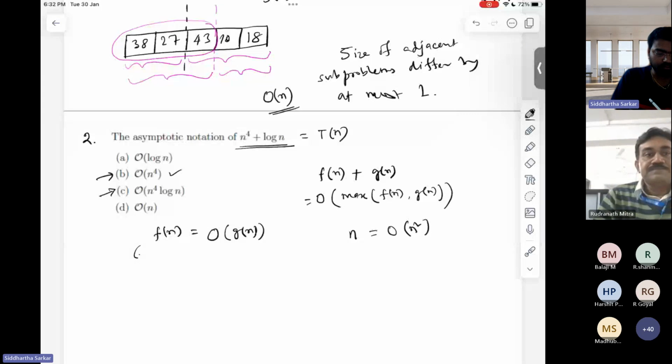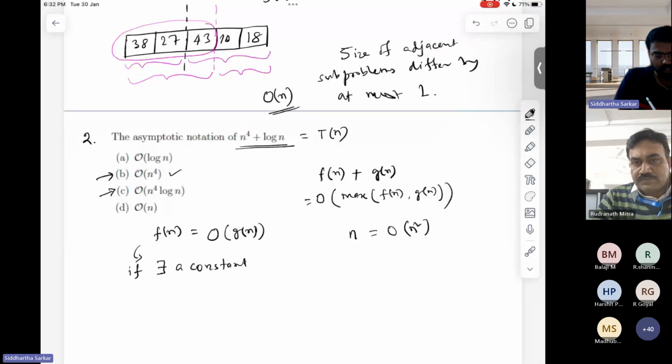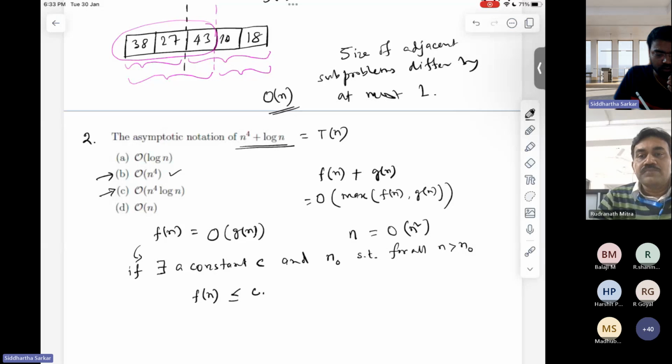If you look at the definition of big O notation, it says that if there exists a constant c and some integer n naught, such that for all n greater than n naught, f(n) is at most this constant times g(n), then we conclude that f(n) is order of g(n).